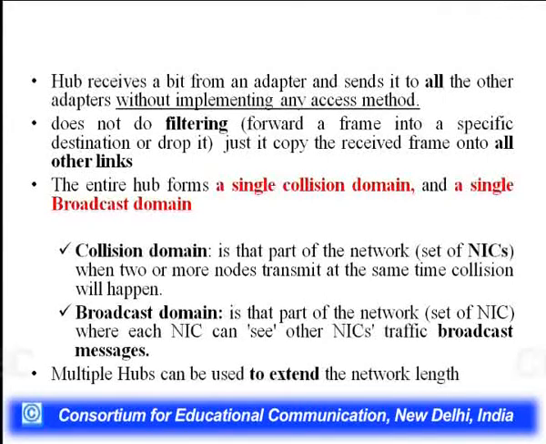Now what is a collision domain? It is that part of the network where, when two or more nodes transmit at the same time, collision will happen. And broadcast domain means that part of the network where each network interface card can see other network interface cards' traffic, broadcast messages. So multiple hubs can be used to extend the network length.